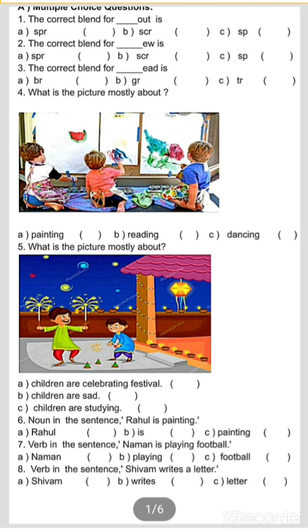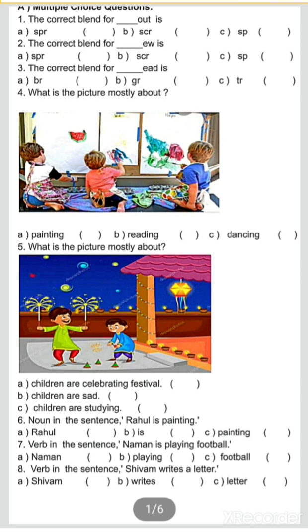Next is the verb in the sentence. Naman is playing football. Here verb means the doing word or the action. Naman is a naming word. He is doing something, playing football.